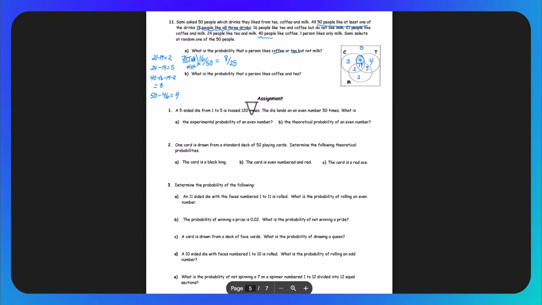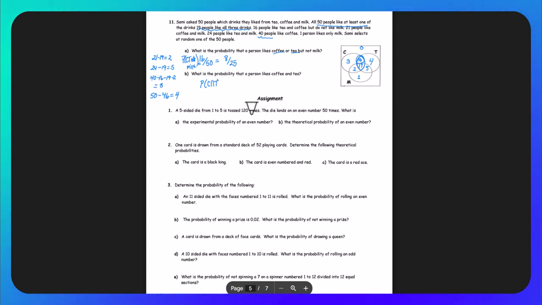What about the next one? The next one is, what is the probability that a person likes coffee and tea? Well, the coffee and tea folks live right here. So that means the probability of the intersection of coffee and tea equals 16 plus 19.